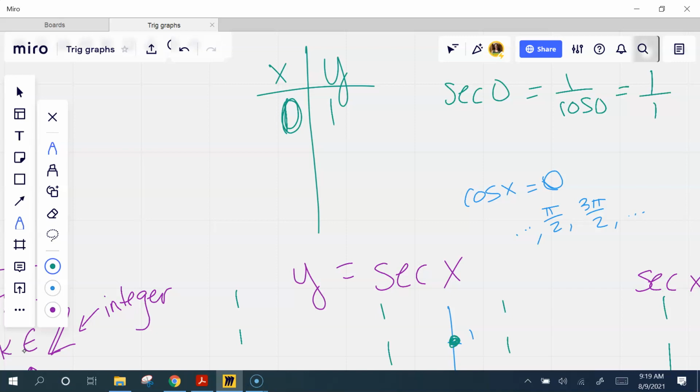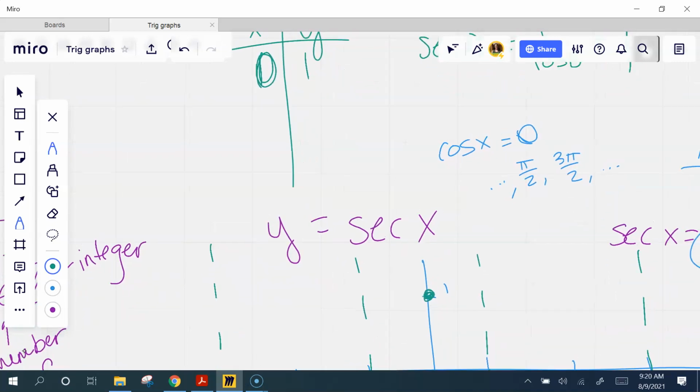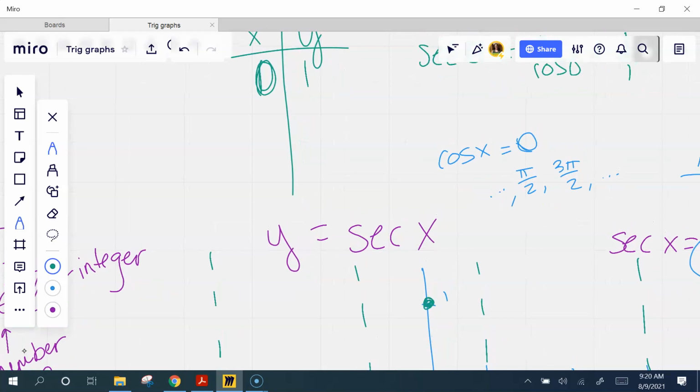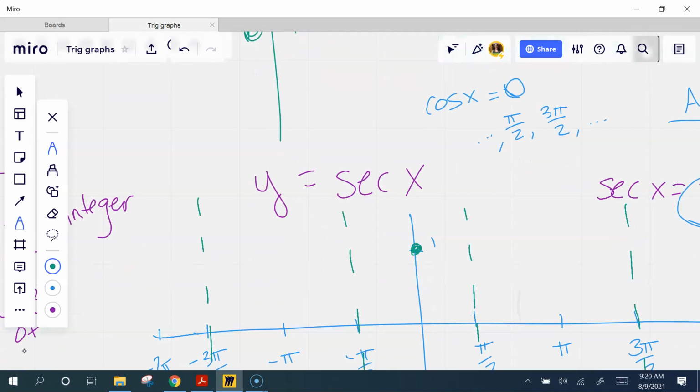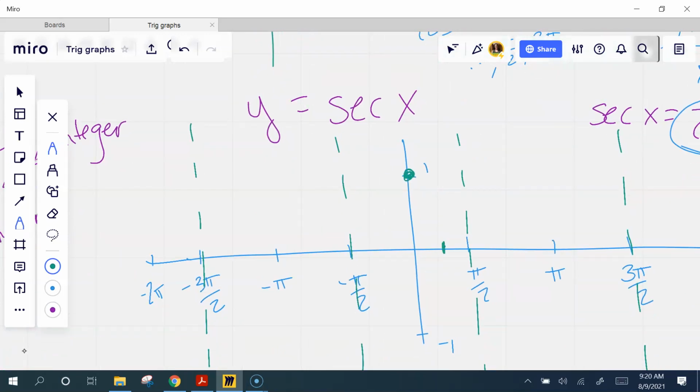Now, I don't have things marked on my graph in quarter pies, but if I did, what would happen at pi over 4? If I'm kind of halfway between, I'm just looking at the square root of 2 over 2, is what everybody's saying, right? But because this is a reciprocal function, I need to flip that.